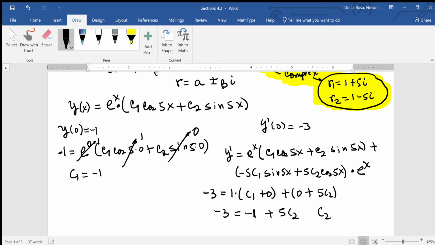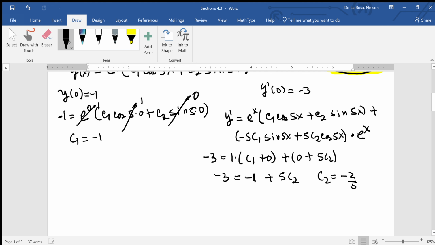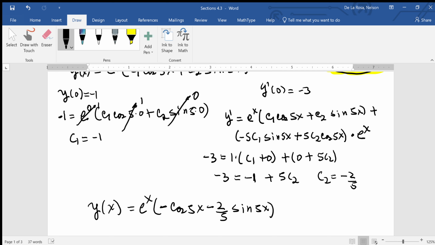So c2 is -2/5. The solution of our initial value problem is y of x equals e to the x times negative cosine of 5x, since c1 is -1, plus c2, which happens to be -2/5, sine of 5x. And this completes the problem.